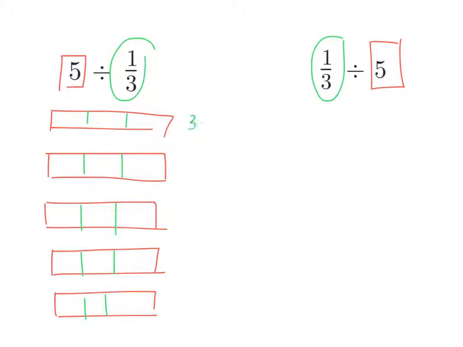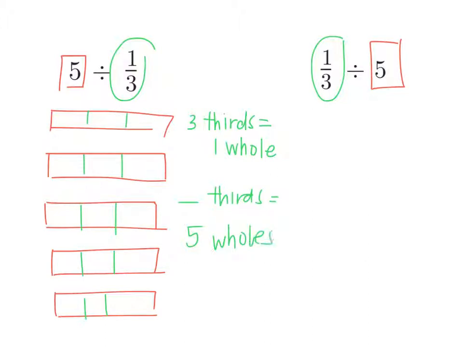Right, there are 3 thirds in one whole. How many wholes does the problem say we have? 5. So how many thirds are there in 5 wholes? 15. So whenever we have a whole number and we want to divide it into unit fractions, we're seeing how many of those unit fractions fit inside the number of wholes that we have. Make sense?